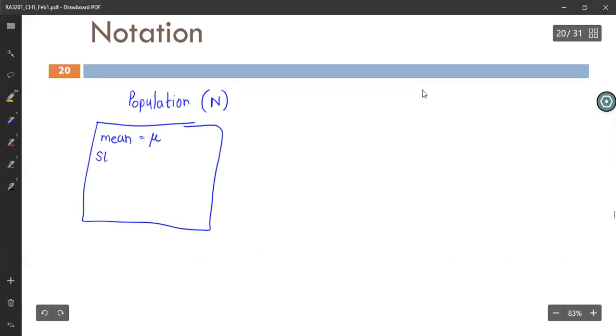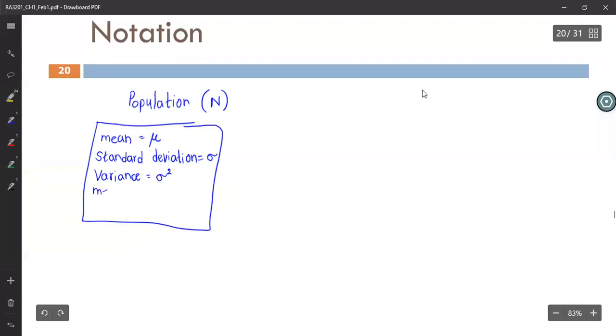We will talk about how to calculate them in the next chapter, but just know these are the measurements you can take. The standard deviation is sigma. The variance, which is the square of the standard deviation, is sigma square.